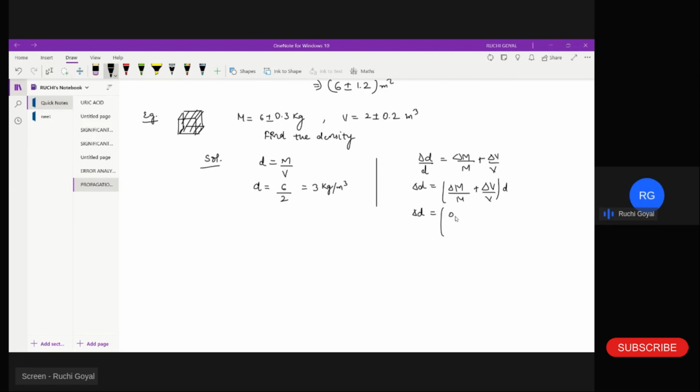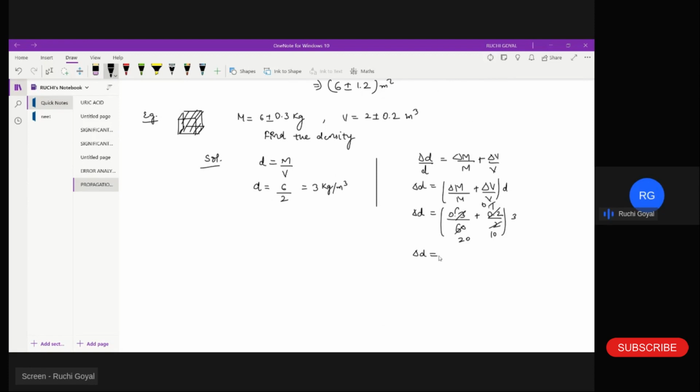So delta D is equal to, what is the value of delta M? Delta M is 0.3 divided by M is 6, plus 0.2 divided by 2, and D is 3. This is again 0.1, and this will be 20 and this is 10.